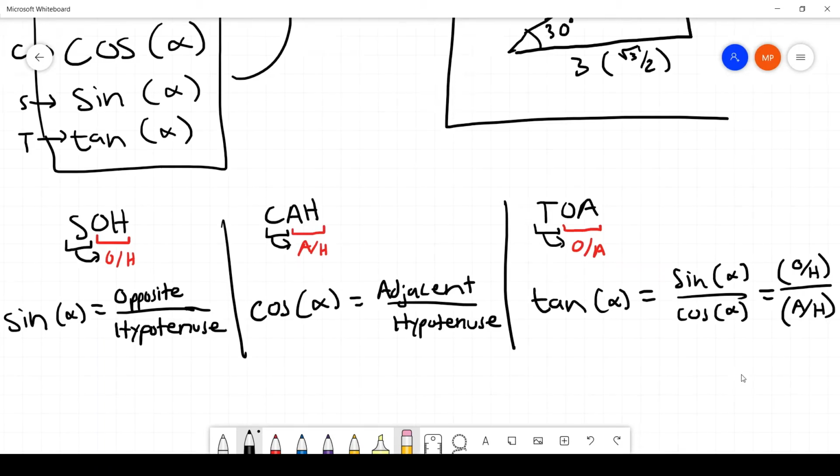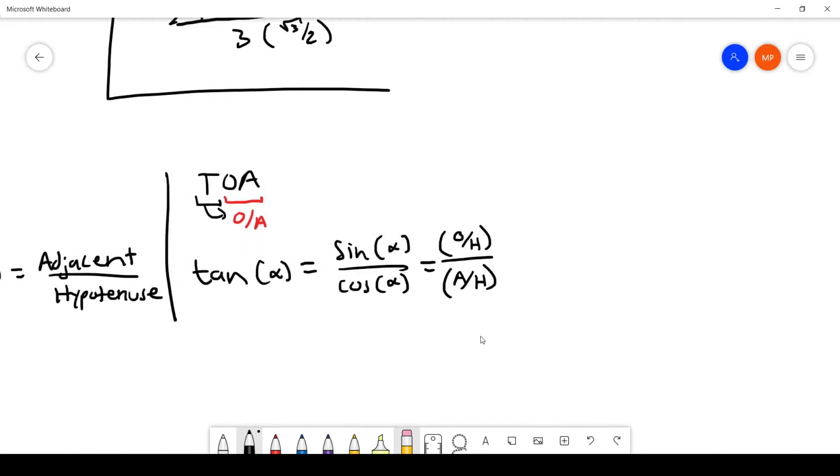And since we're doing a division of fractions, we would be able to invert the denominator and then change our division into multiplication. And so this would be opposite over hypotenuse multiplied by hypotenuse over adjacent, in which our values for the hypotenuse would cancel out because these are the same.